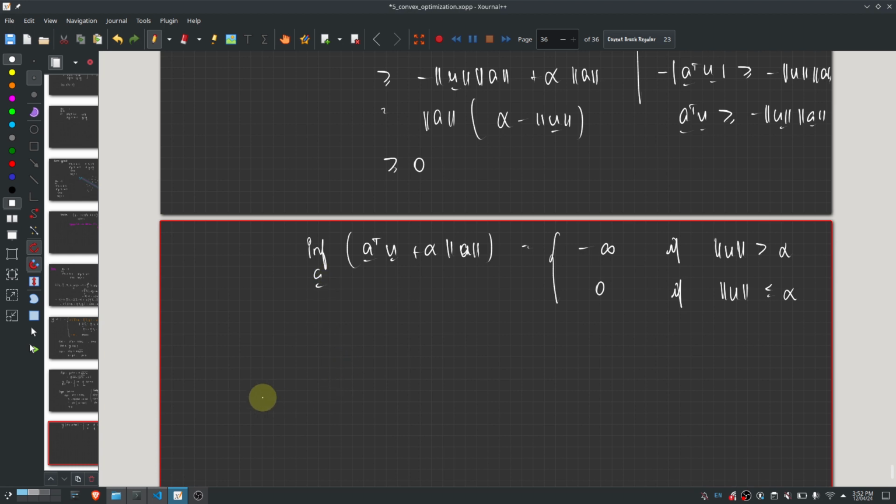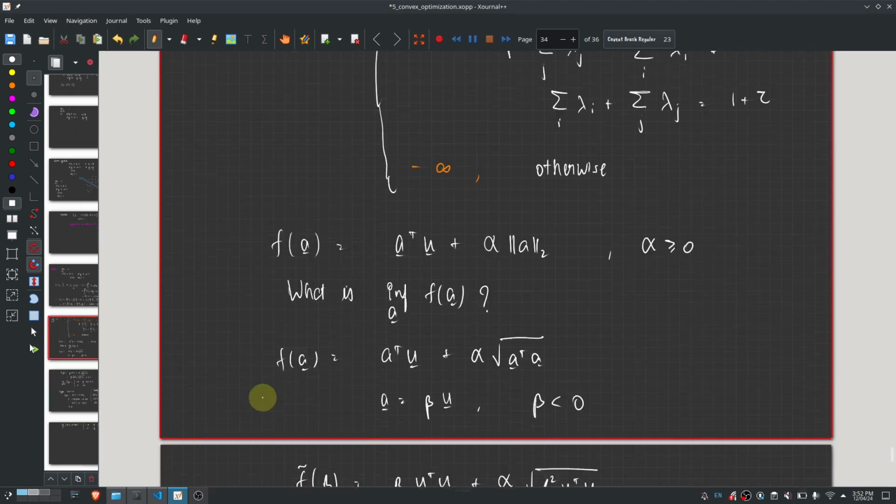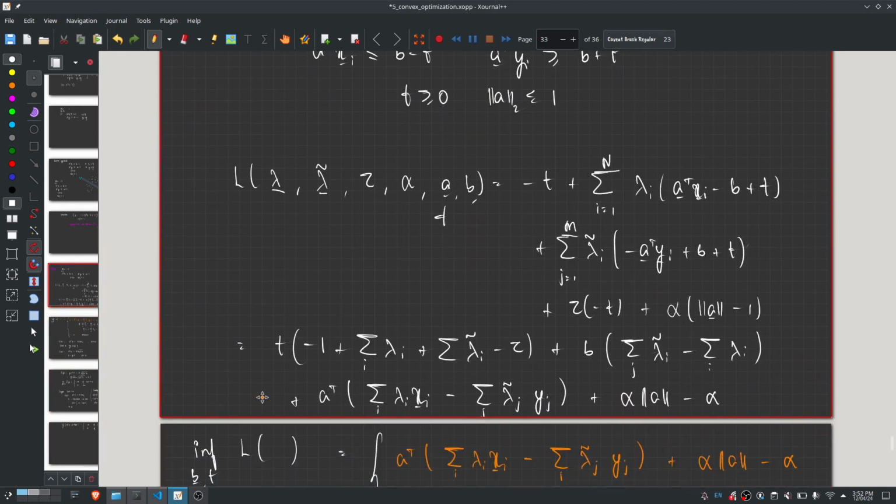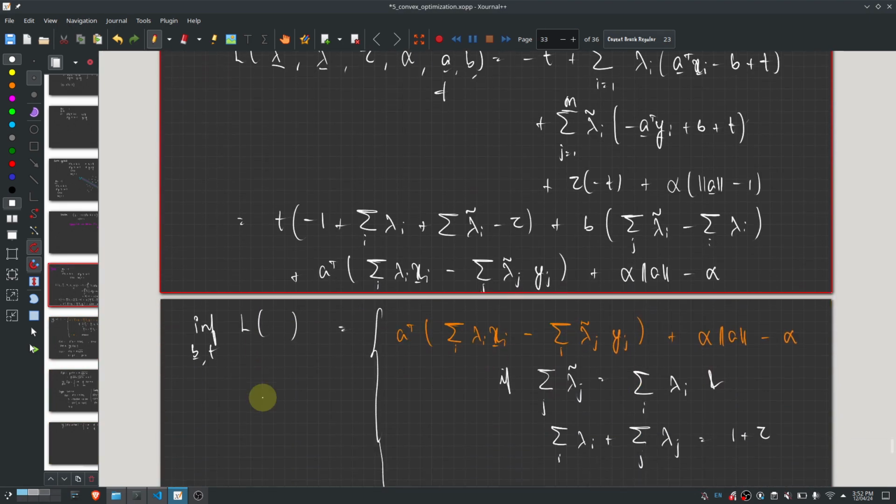Of course, we took this detour, but coming back to computing the Lagrange dual, we wanted to minimize this over all possible a.